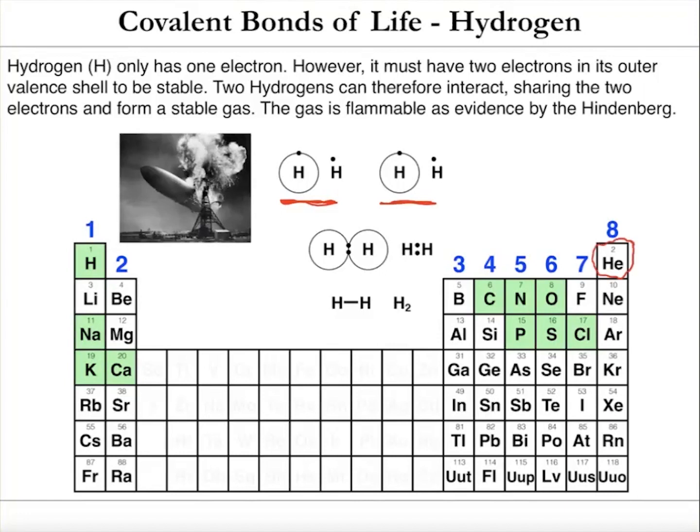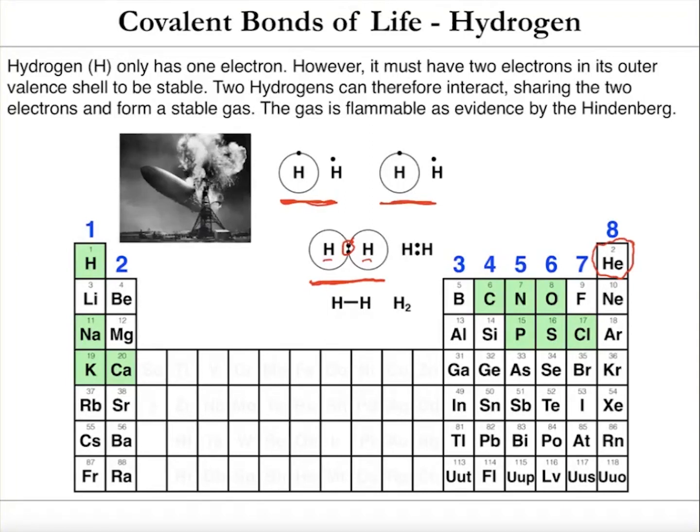To do that, two hydrogens can interact, which you can show right here. What they'll do is these two protons will share these two electrons right here. So now both of these hydrogen atoms are stable. They fill that rule and they're able to be stable.